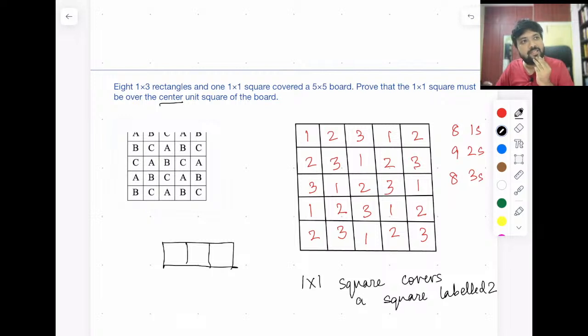But that still doesn't tell us why it should be the center square, right? It's a bit of a problem. How do you solve this problem?